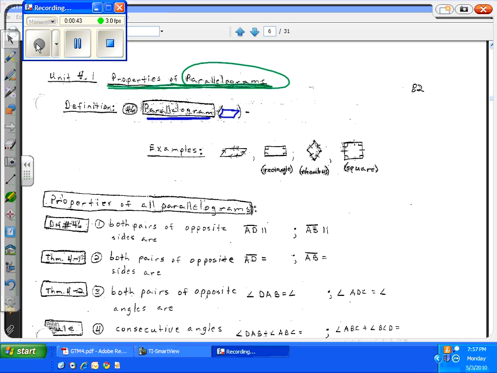But a parallelogram is a quadrilateral. That means it's a four-sided figure. A quadrilateral with both pairs of opposite sides parallel.